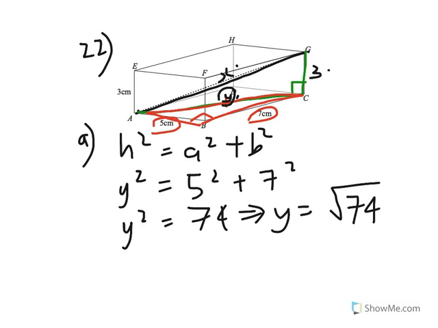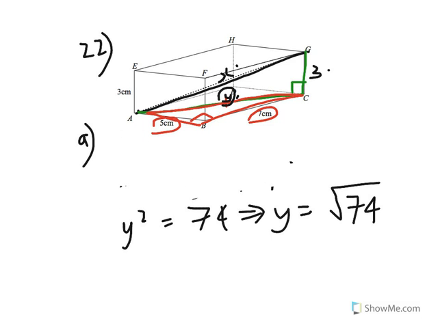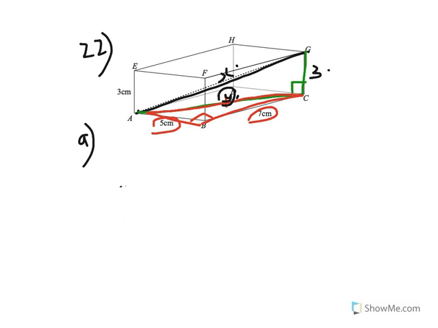I'm just going to leave Y as square root 74 for accuracy's sake. So we'll say Y is equal to root 74. Sorry, that's the worst root sign in the world. So now we have Y, we have another side, and we have a right angle triangle. And in this right angle triangle, X is our hypotenuse, AG is our hypotenuse. So AG is what we want to find out. So we can construct another equation.